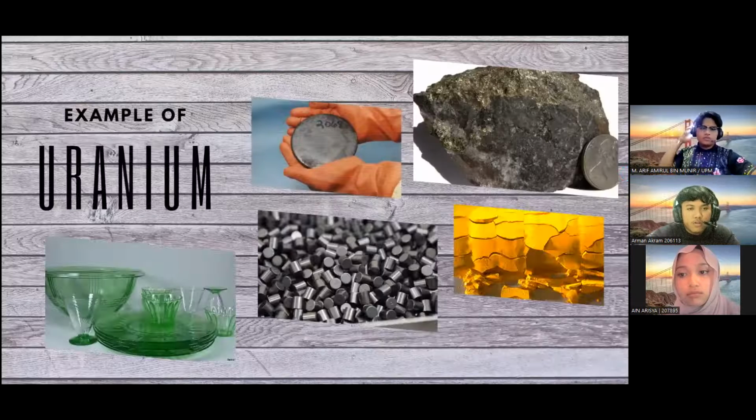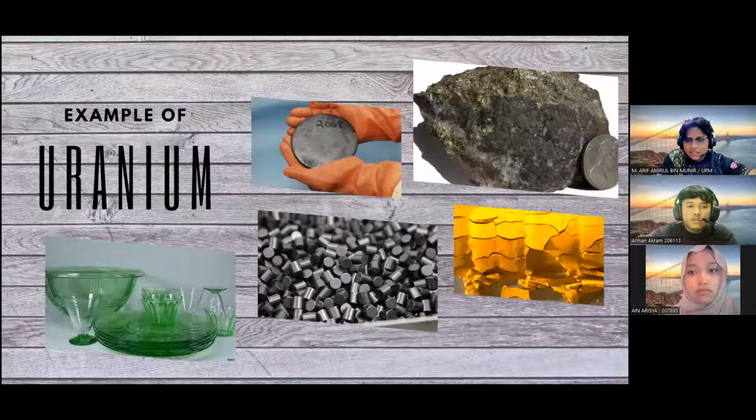So this is an example of uranium, which ranges in color from silver metal to yellow cake and green. So how it starts: this is the rock of uranium that we can see here. This is not pure, and some of it has green color.